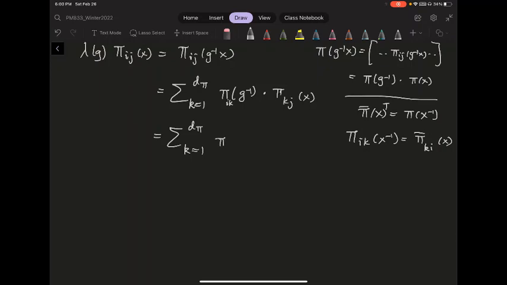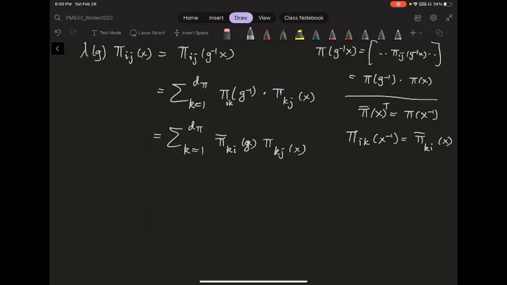The first entry becomes pi bar evaluated at ki of g, and then you have pi kj of x. Well, pi kj of x is essentially just the range of this aj.